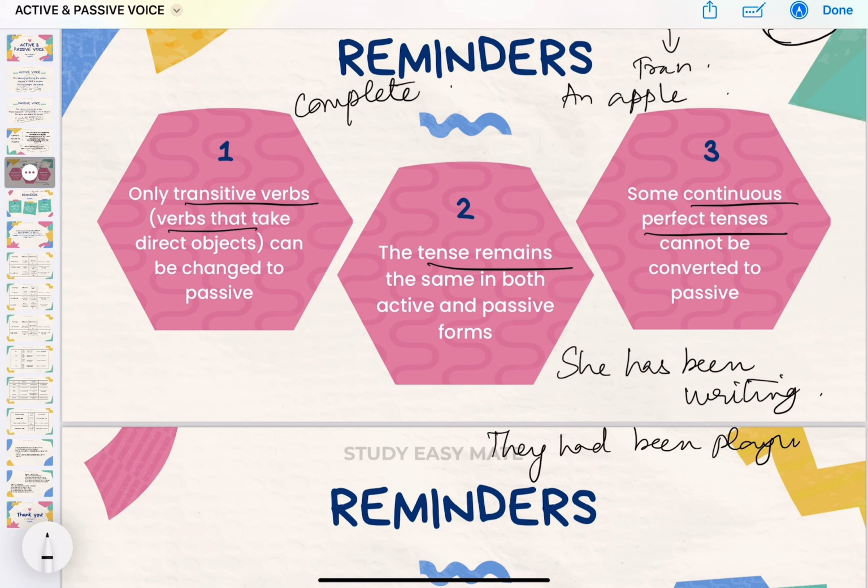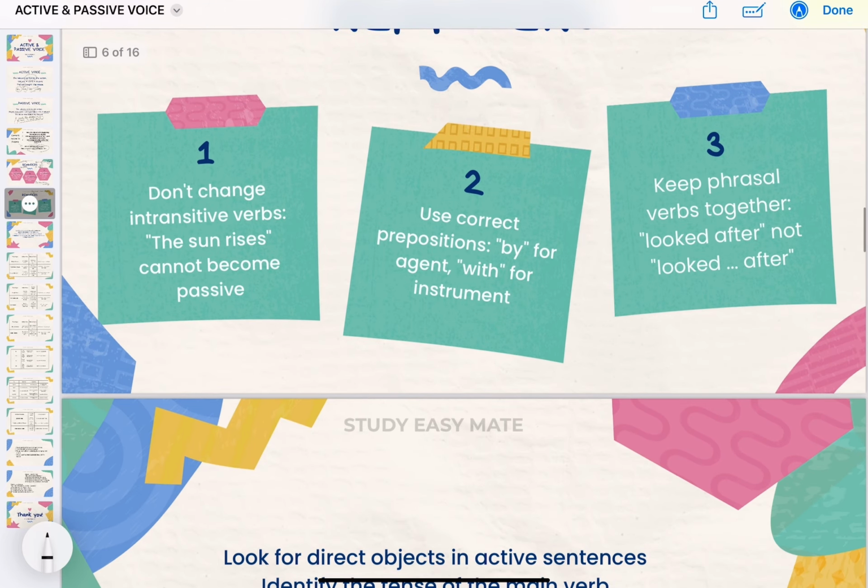All these cannot be converted into passive. They had been cleaning the room, for example. These are very rare cases where you would actually get questions based on that. So, remember all this.